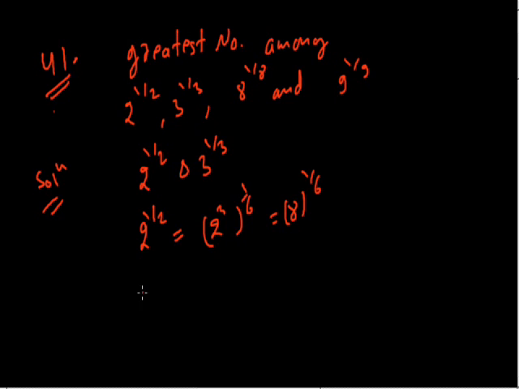In the same way, 3^(1/3) can be written as (3^2)^(1/6), which equals 9^(1/6). By comparing these two, 9^(1/6) is greater than 8^(1/6), so 3^(1/3) is greater than 2^(1/2).